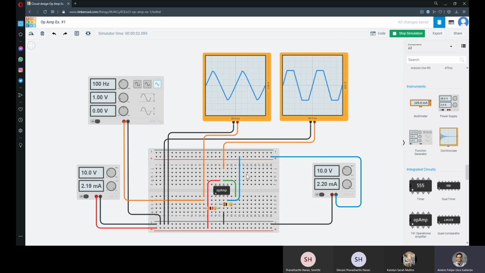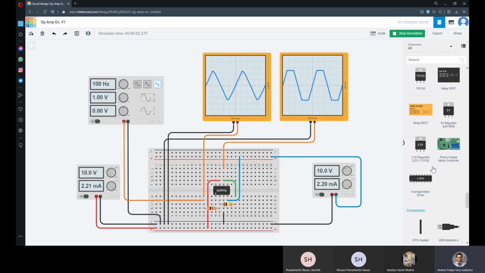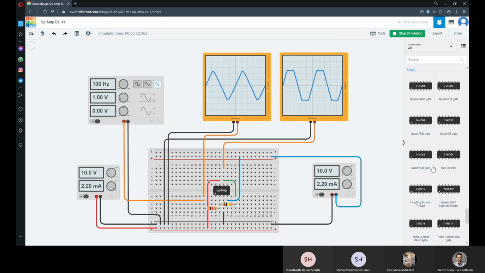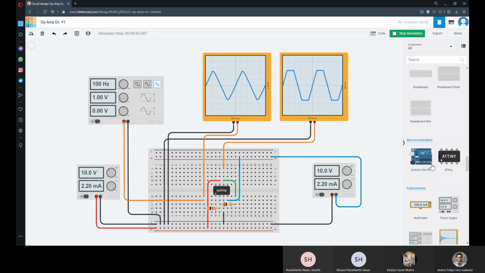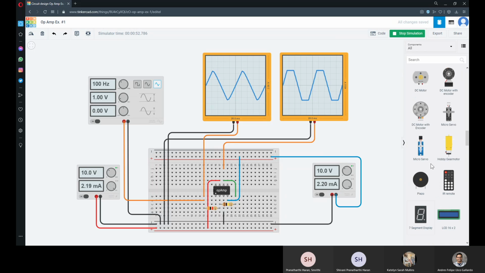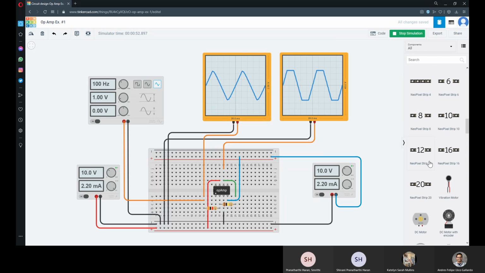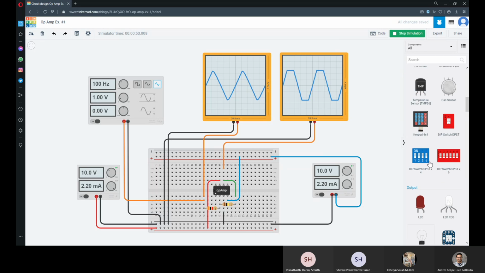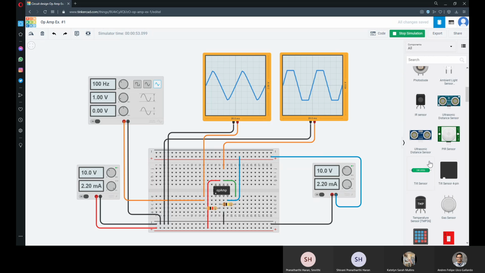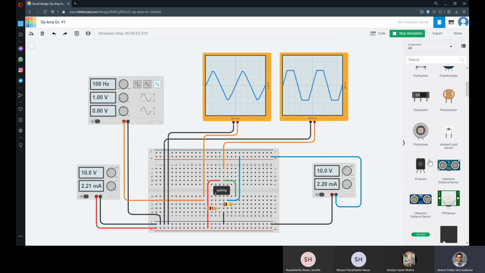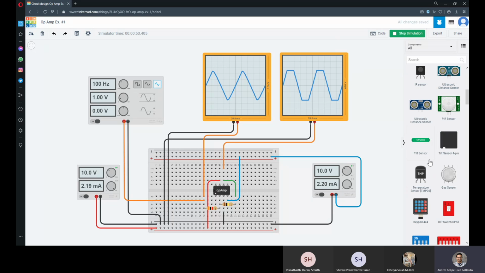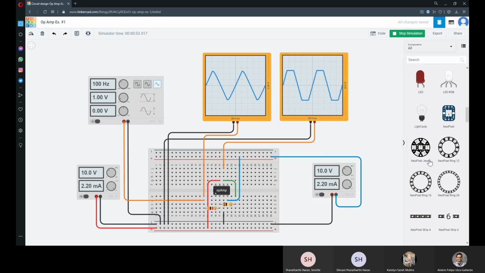If you build this, you can also connect the output to a, there is here a, no, where are you? Oh, it is here somewhere.